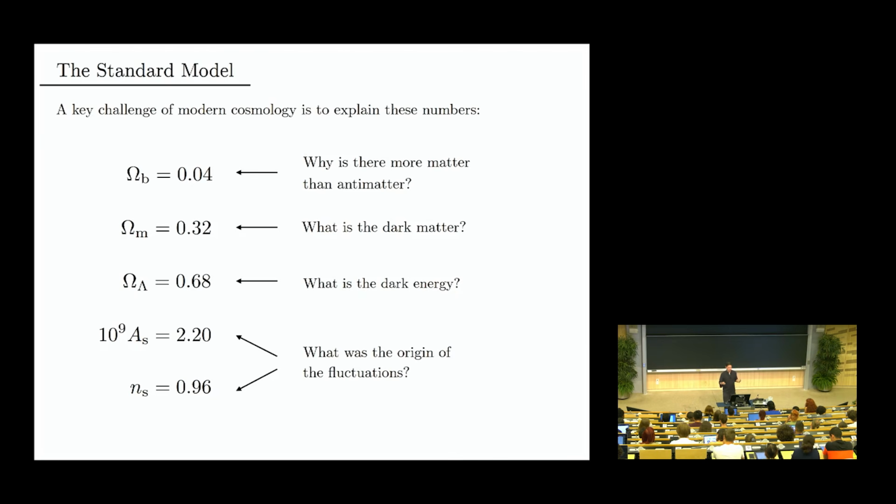And then also we don't know what the origin of these fluctuations was, okay? We will discuss in the next lecture one proposal for what created those fluctuations that then predicts values for A_s and n_s, but it's more speculative than the rest of cosmology. So arguably none of these 5 numbers is well understood. Okay, so let me stop here.